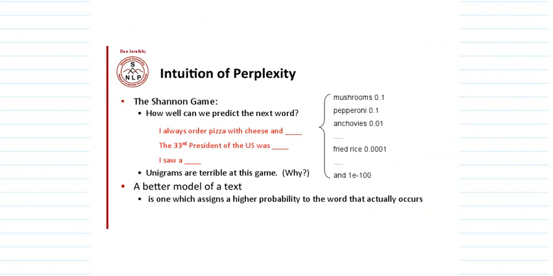So we have some probabilities here from a language model. These probabilities will let us know, if we are trying to predict the next word or an upcoming word in a sequence of words or sentence. So, I always order pizza and cheese with mushrooms and pepperoni and anchovies, fried rice. We have different probabilities, and we will pick the highest probability here. So we can put mushrooms here.